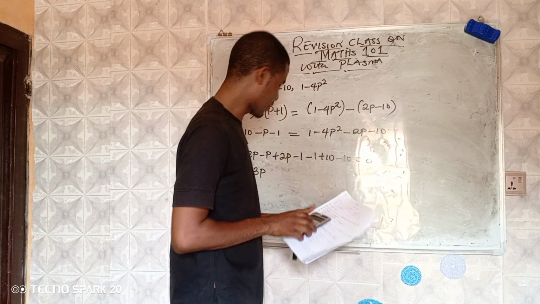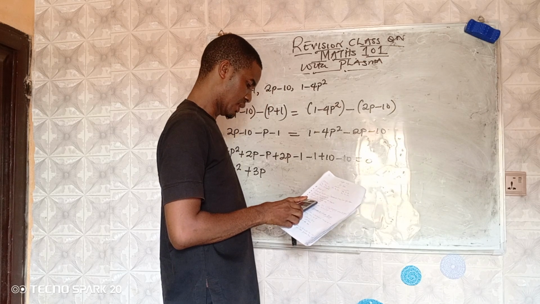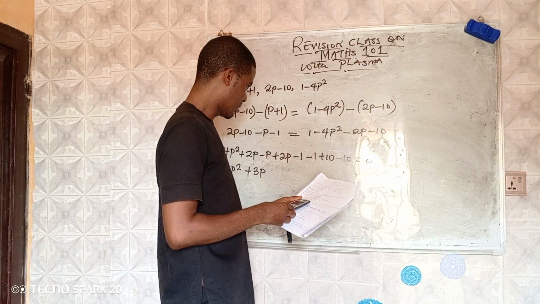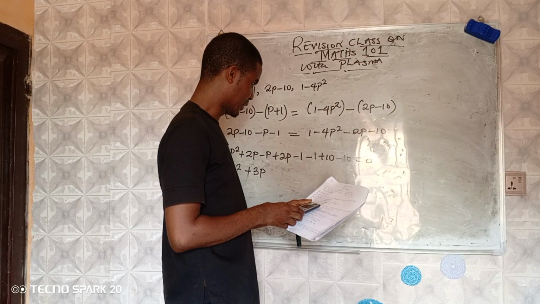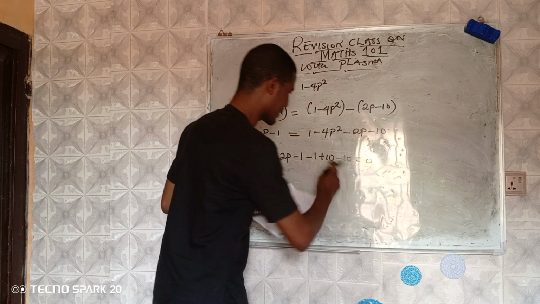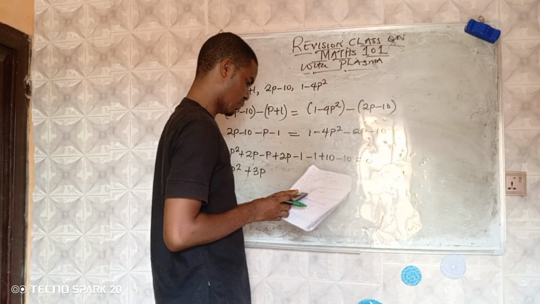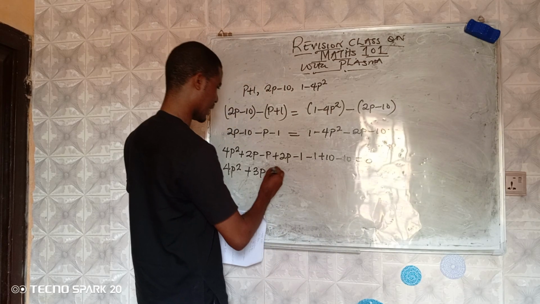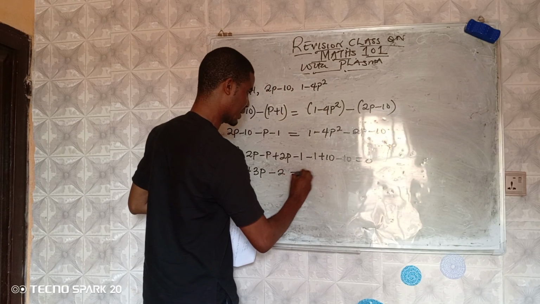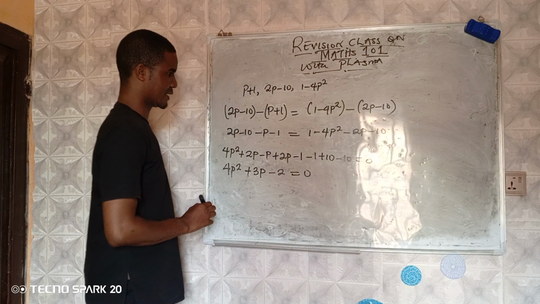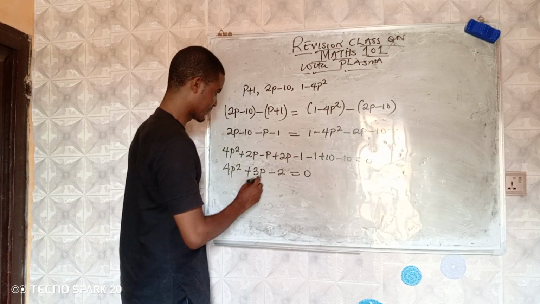Then we have minus 1, minus 1, minus 1. This will take away this. Minus 1 will give us minus 2, equals to 0. Take time to look at your workings.